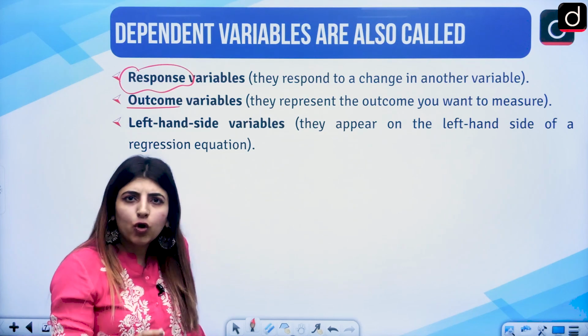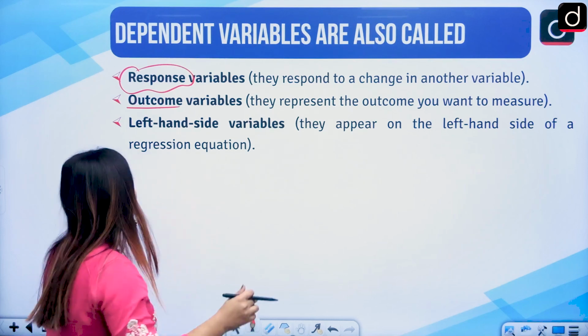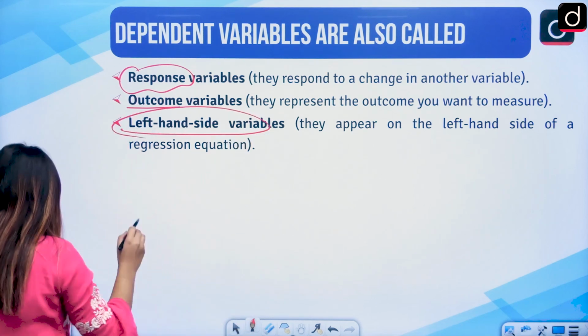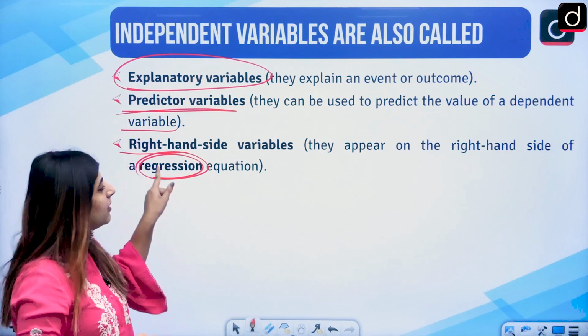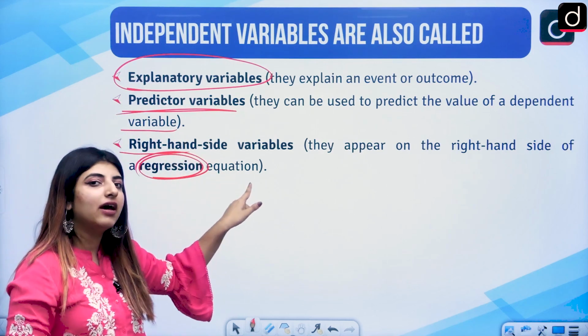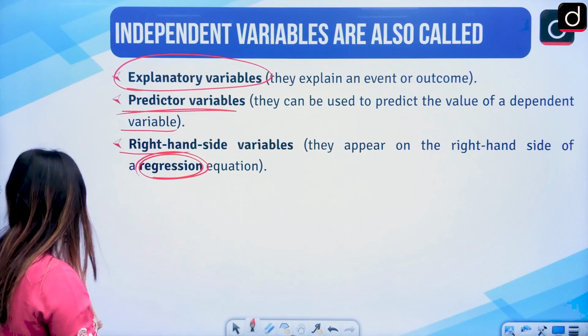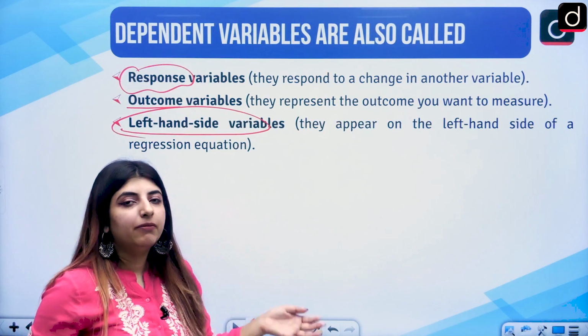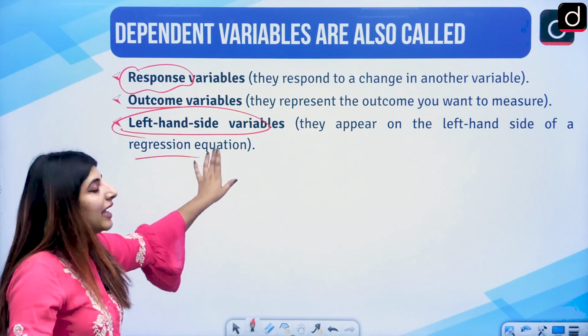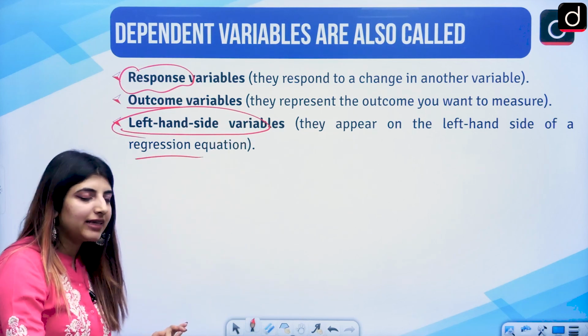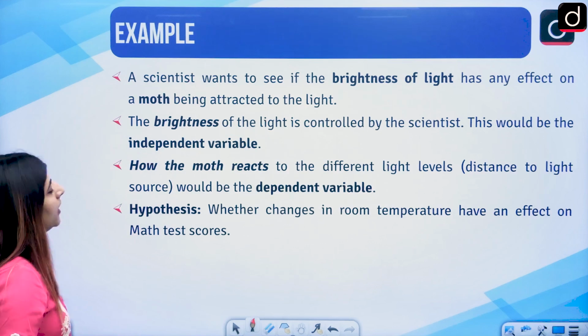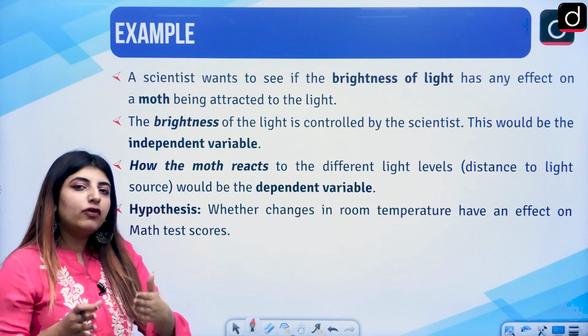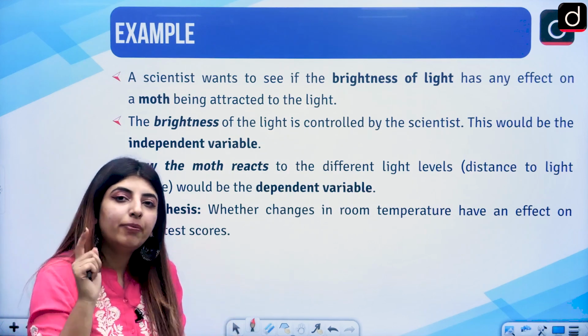That is why they are also known as outcome variable. And unlike the independent variables which appear on the right side, these variables are known as the left side variables because in the regression equation, these appear on the left hand side, correct?